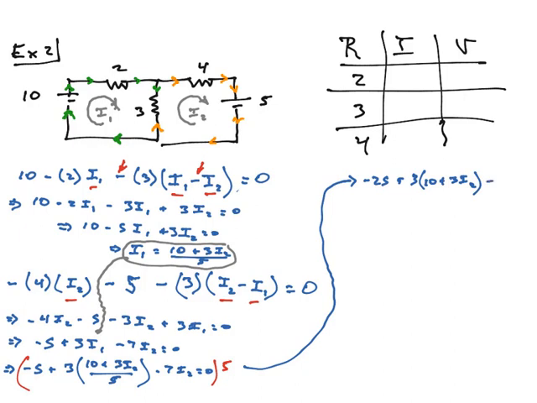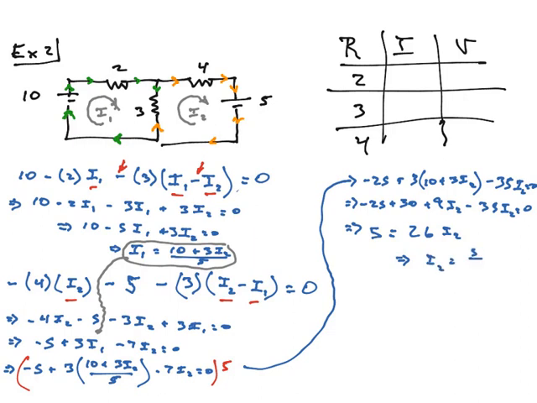And then minus 5 times 7 is 35i2 equals 0. All right, this is looking better. Minus 25 plus 30 plus 9i2 minus 35i2 equals 0. Get all the i2s on one side, all the numbers on the other. So we have 5 equals 26i2. So I2 is 5 over 26.